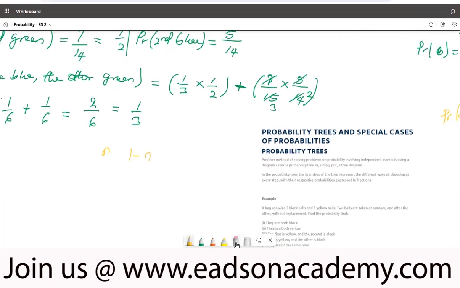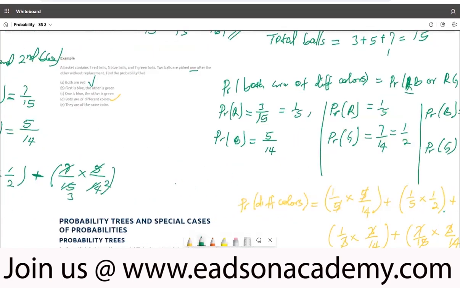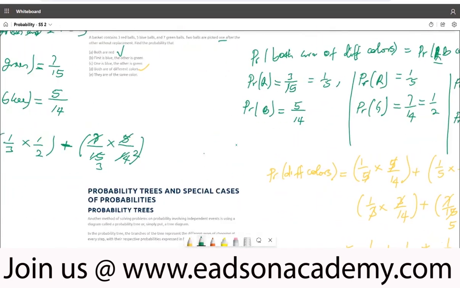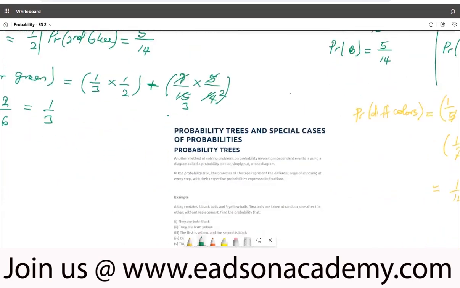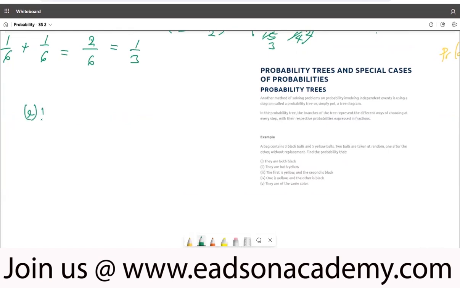So the probability that they are of different color is 71 over 105, which we just calculated. That means probability of the same color will be 1 minus 71 over 105, which is question E.